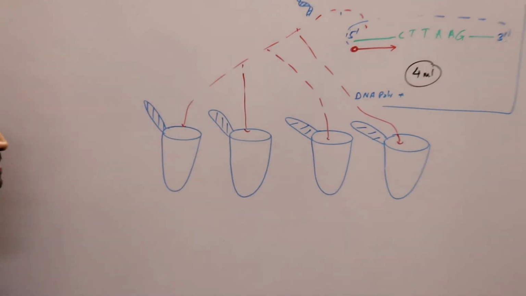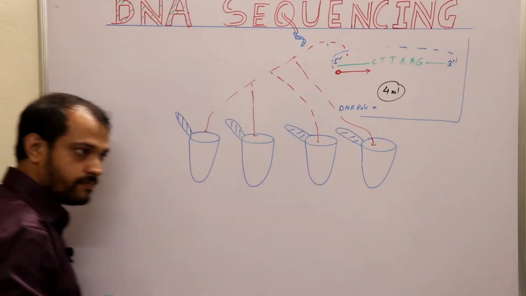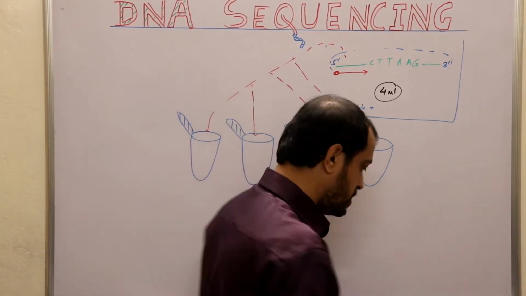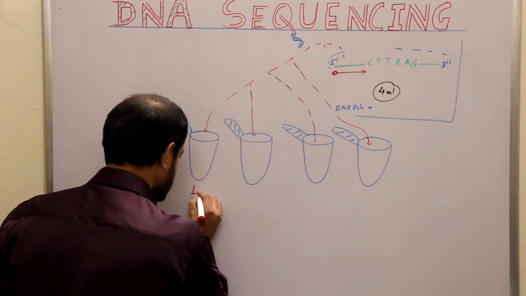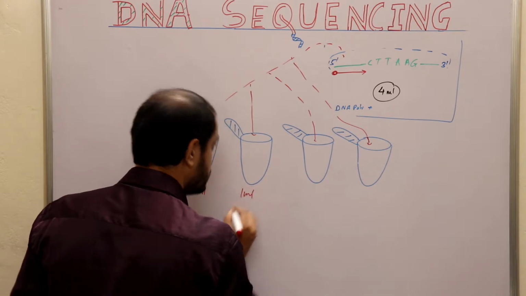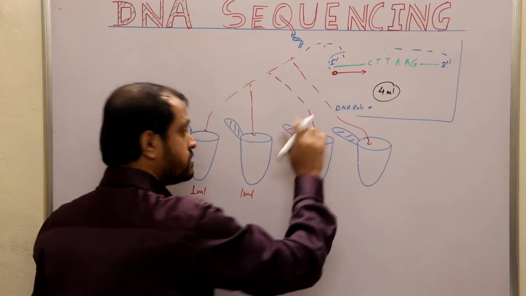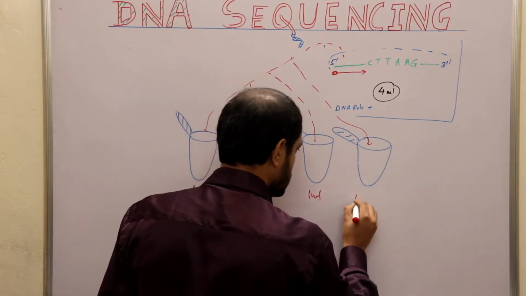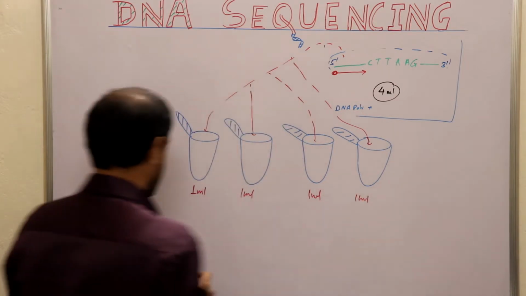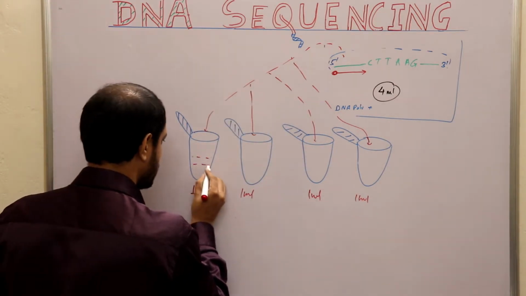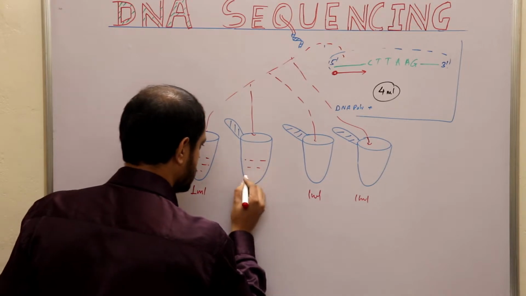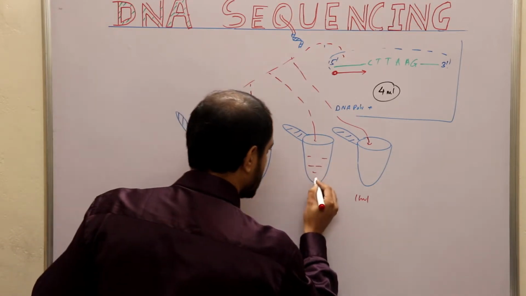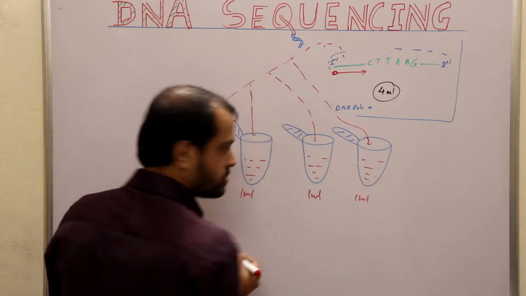Okay. Now listen. We have added 4 ml, 1 ml to each. 1 ml of this sequence to each. So this is our mix, mustard mix.